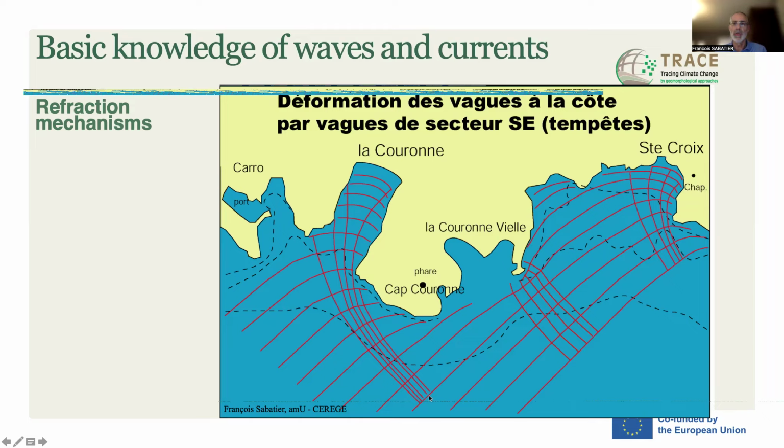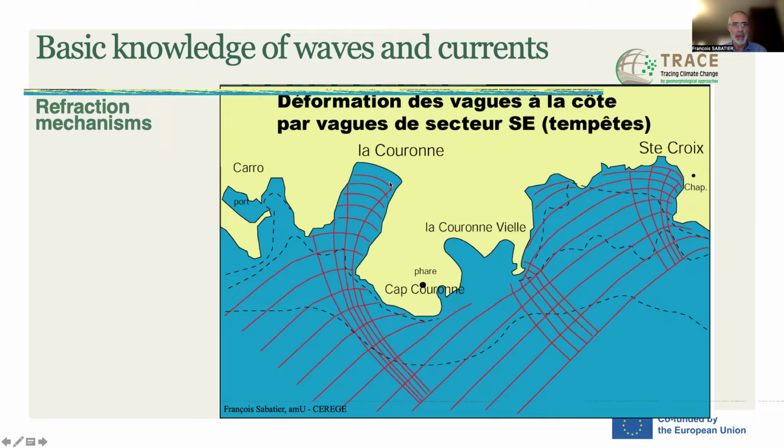So if we draw an orthogonal line from crest to crest, we observe that some orthogonals diverge here, and some orthogonals converge in that part, okay? But the energy is the same between two orthogonals.